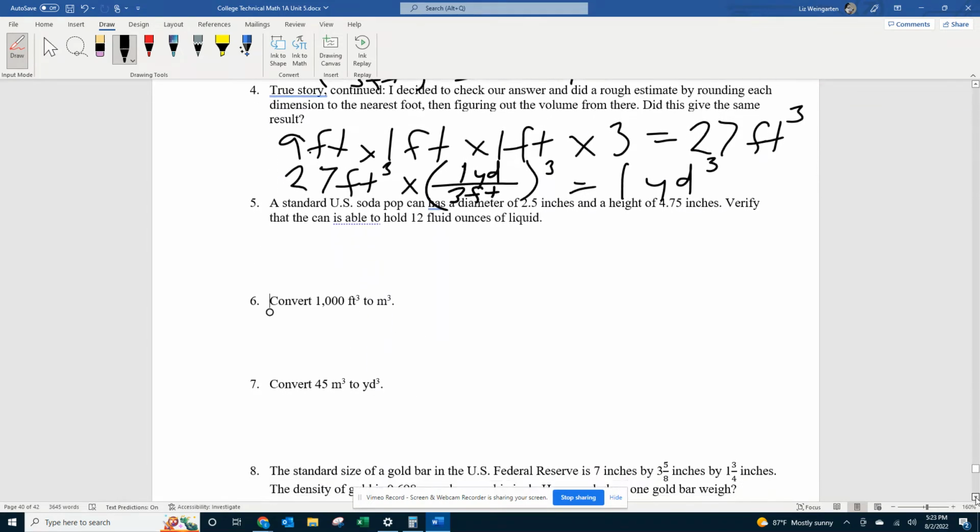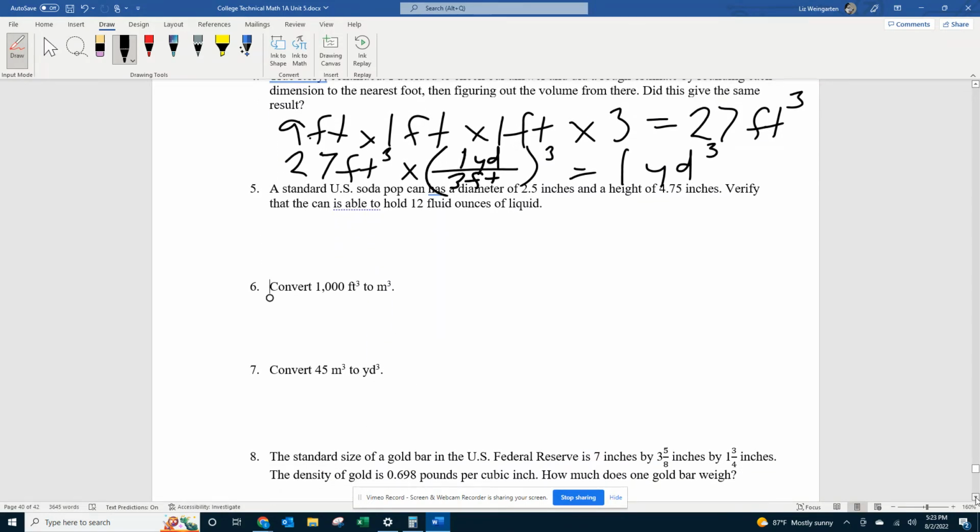A standard US soda pop can has a diameter of 2.5 inches and a height of 4.75 inches. Verify that the can is able to hold 12 fluid ounces of liquid. Well, first of all, we have to figure out what the volume is in inches.